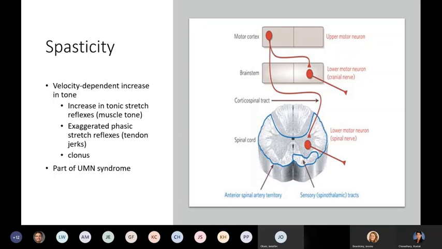Spasticity is part of the upper motor neuron syndrome, which is a constellation of symptoms seen in upper motor neuron lesions that includes spasticity, hypertonicity, clonus, release of primitive reflexes, possibly dystonia, rigidity, and loss of autonomic control. And the key etiology of this is thought to be the loss of descending facilitation of inhibition on the spinal interneurons, which we'll get into in a little bit more detail.